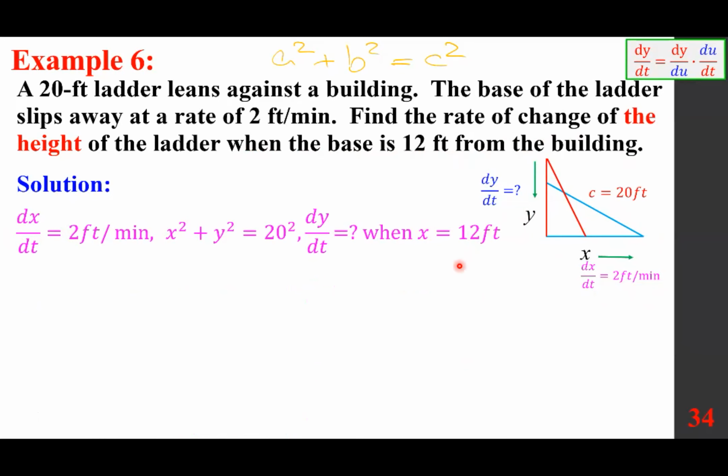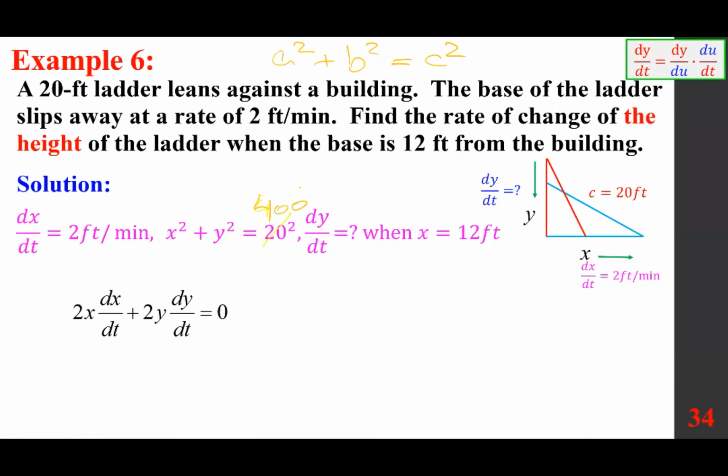So now all you have to do is differentiate this part: 2x dx/dt plus 2y dy/dt. 20 squared is 400, class, but anyway, it's a number. You just write down 400. And the derivative of any number is 0.